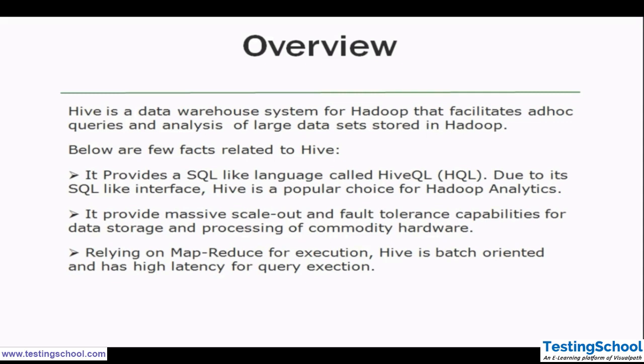Hive is also relying on MapReduce for its execution because Hive is batch oriented and has high latency for query execution. Basically, in the background, when you execute your queries, it executes the MapReduce job to determine how many mappers and how many reducers are running.